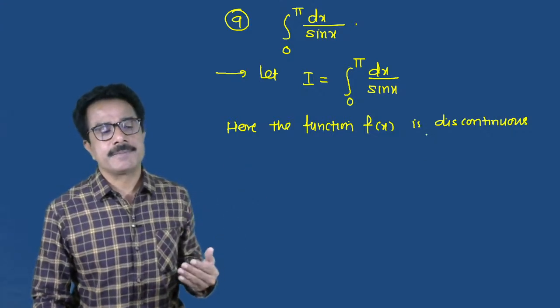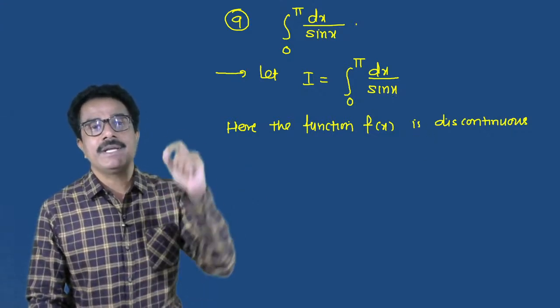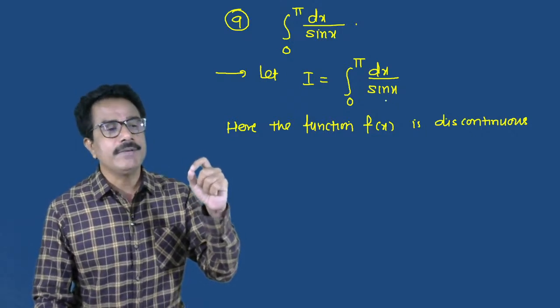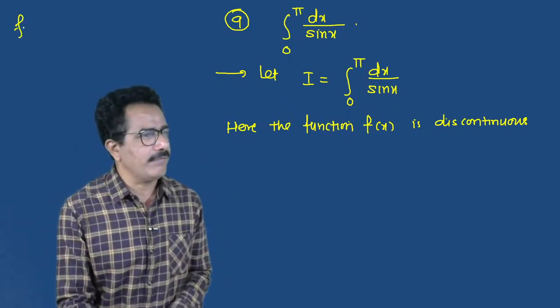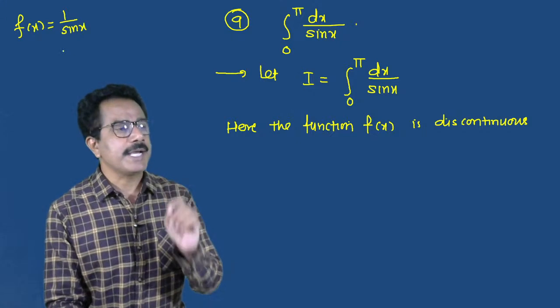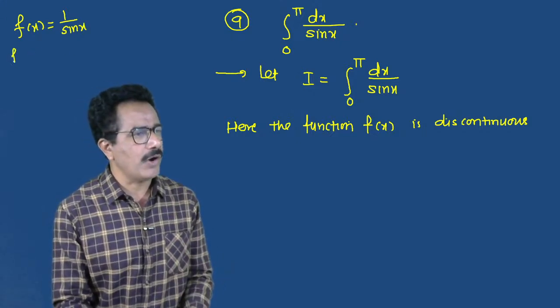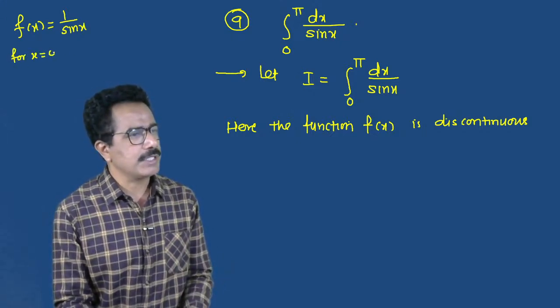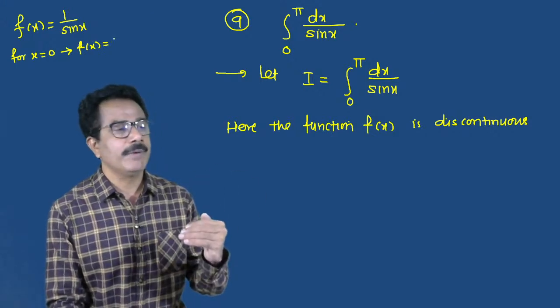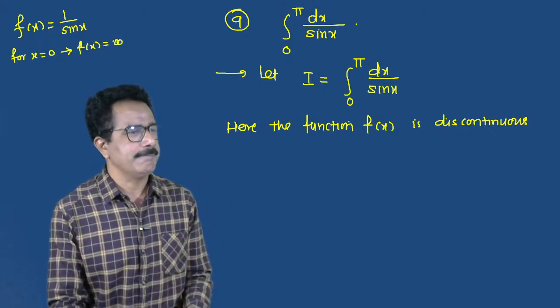The given function is f of x equals 1 by sin x. Sin 0 is 0, and 1/0 means infinity. If we put x equals 0, then f of x gives 1/0, which means infinity.